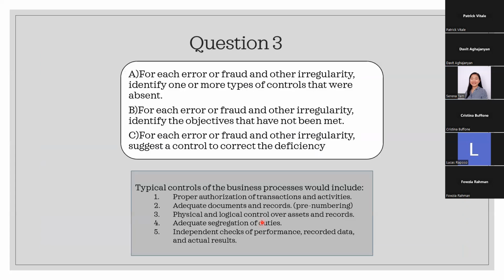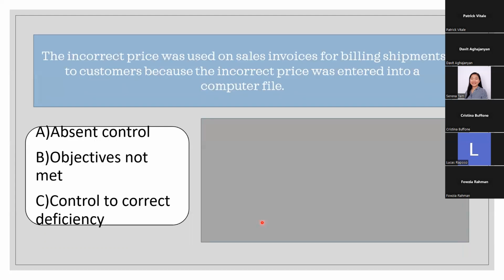Okay. So for question 3, absent control, objectives not met, then controls to correct the deficiency. The incorrect price was used on sales invoice for billing shipments to customers because incorrect price was entered into a computer file. So out of the 5, which control is it that's absent here?